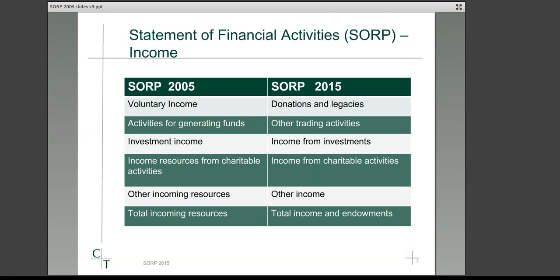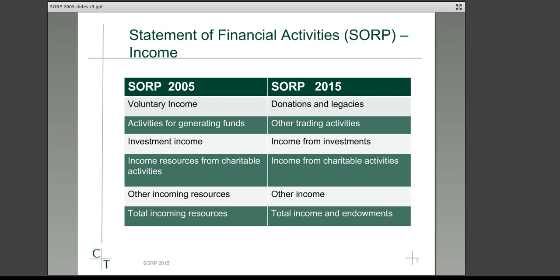The only major one that's different is voluntary income, which is now called donations and legacies, and this is perhaps an easier thing to understand. So really, in terms of income, not really too many changes. It's probably important to note that if you have core funding, this would also be included under donations and legacies as it was under the previous SORP.